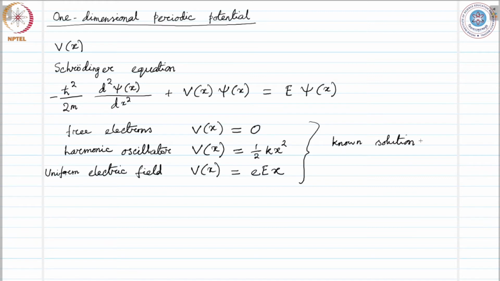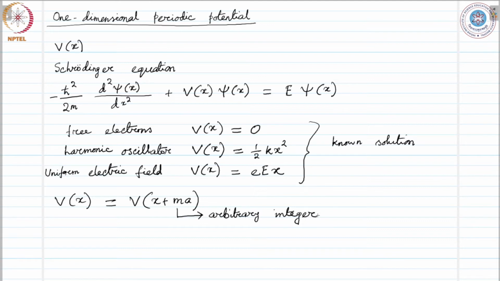So V(x) in this context is a periodic potential, and if we have a crystal with lattice constant a, then the potential is also periodic in a. That means we can write V(x) equals V(x plus m a), where m is any arbitrary integer. This kind of periodicity is there in the potential.